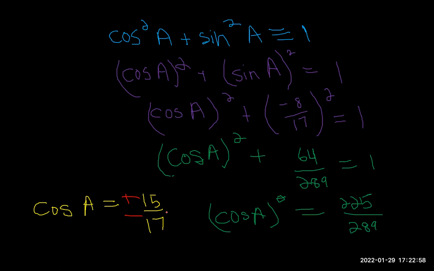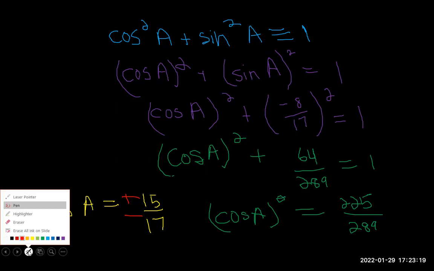They told you that A is greater than 180 but less than 270. That is very significant, as it tells us whether we're taking positive 15 on 17 or negative 15 on 17. But how exactly do we know which one to take?